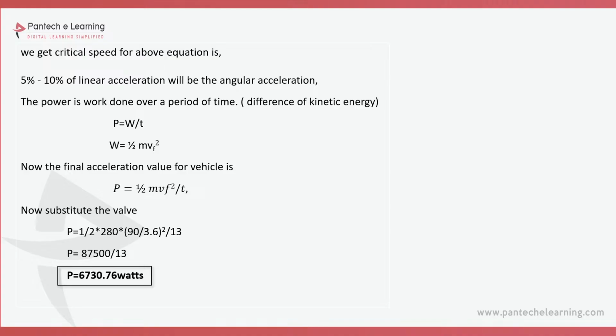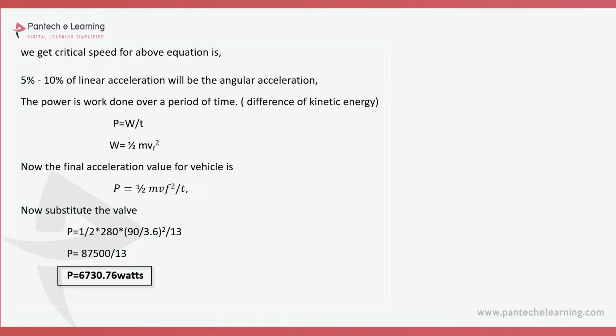So already I told you that 5 to 10 percent of linear acceleration will be the angular acceleration. The power, work done over a period of time, is kinetic energy. So the formula is power equal to work done by time, right? Here the work done formula is half into m into v square.